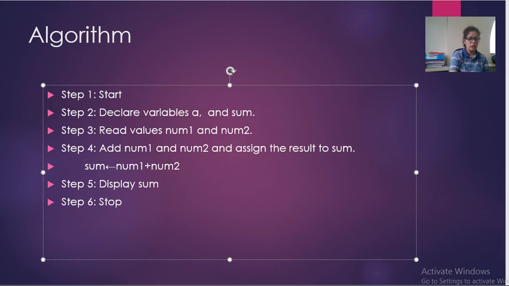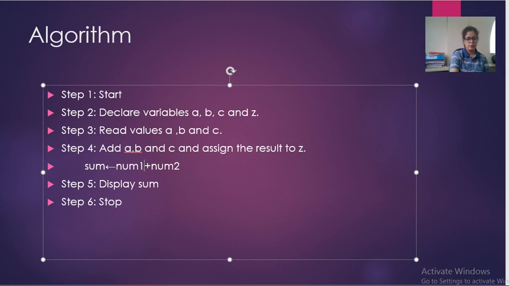We take three variables A, B and C, and we want to transfer the sum into a variable Z. So we have declared four variables A, B, C and Z. Step number 3 is read the values of A, B and C. Step number 4 is add variables A, B and C and assign the result to variable Z.